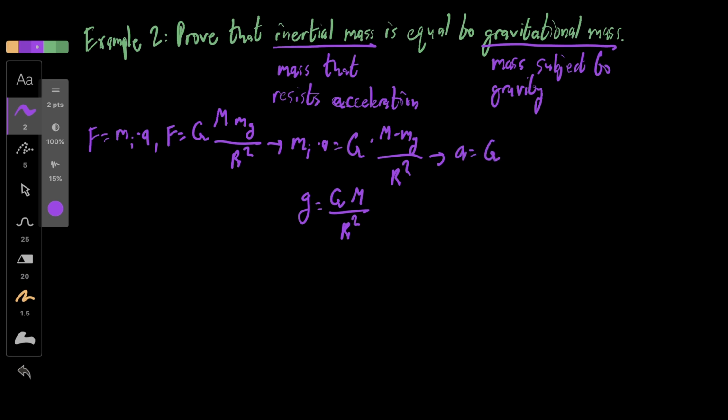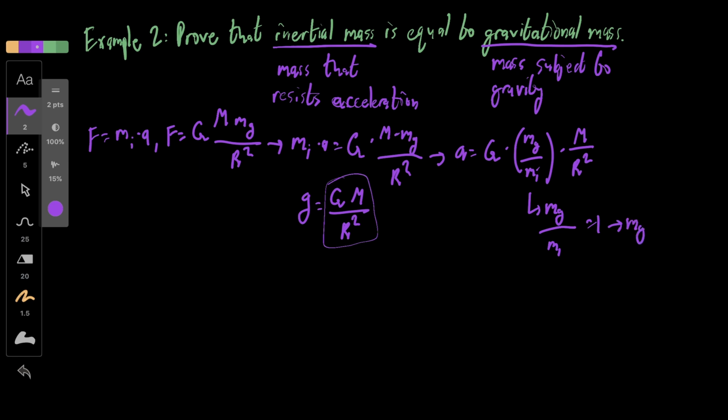So a is equal to G multiplied by m_g over m_i times the mass over r squared. Now that we have that, when you take the mass out, you get GM by r squared as your acceleration. So this needs to be equal to 1. So m_g over m_i is equal to 1. So m_g is equal to m_i. And that's the algebraic method.